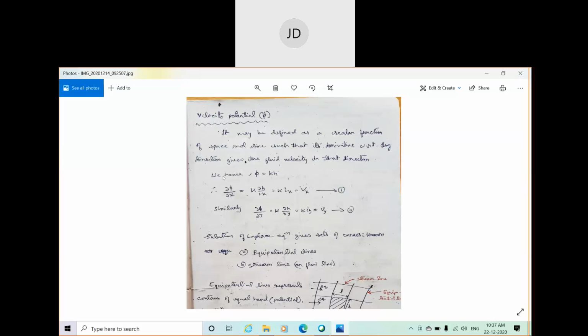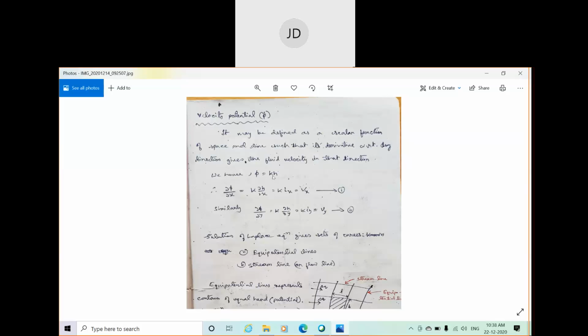We know phi is equal to k into h. Now if we differentiate phi with respect to x direction, del phi by del x, we put k into h in place of phi.